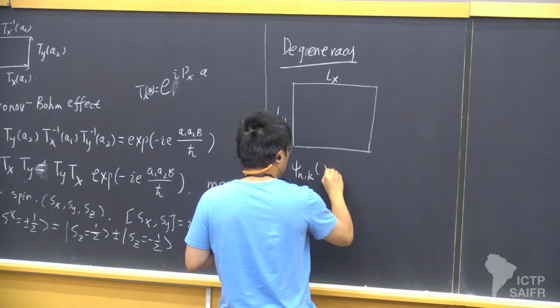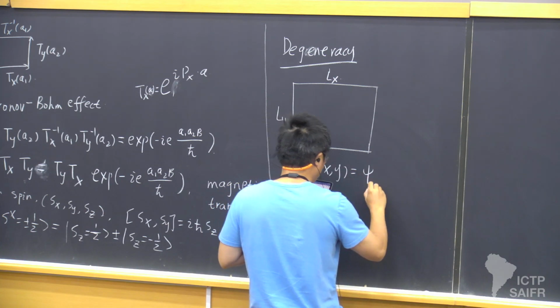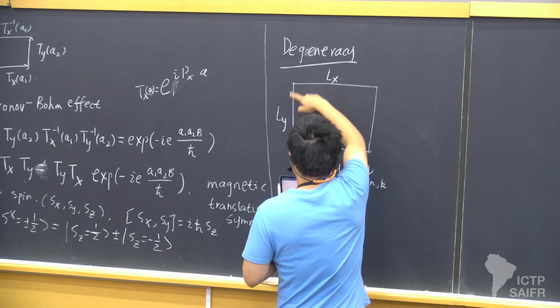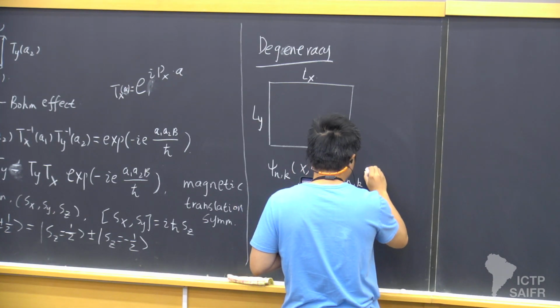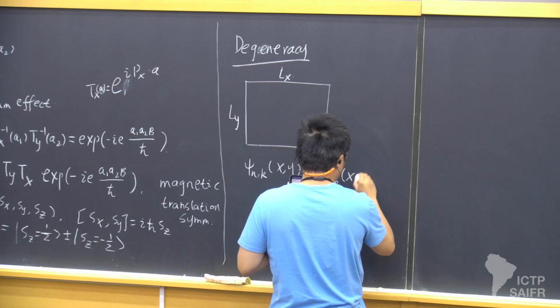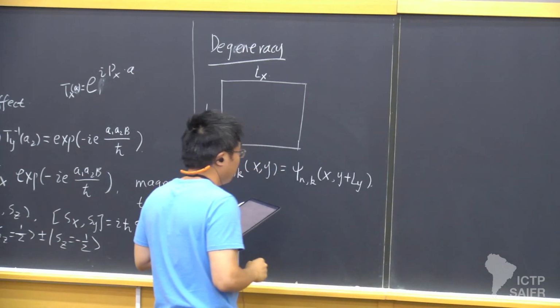My wave functions will be invariant if it translates along the y direction through the entire system. So that's the boundary condition that I'm going to impose.